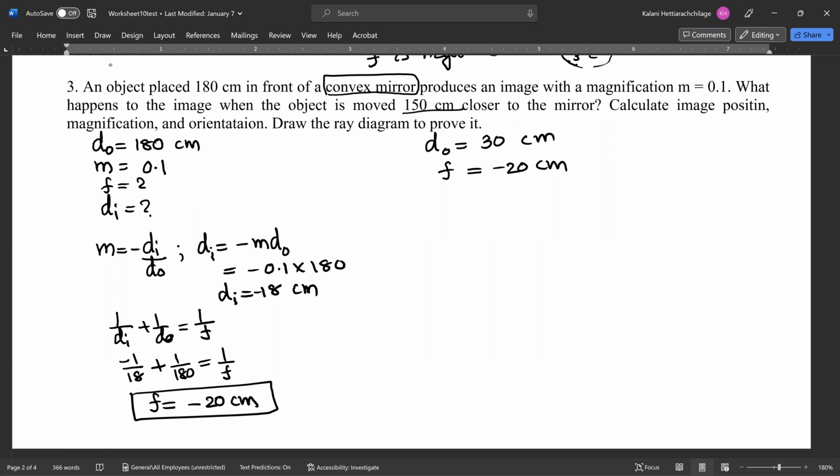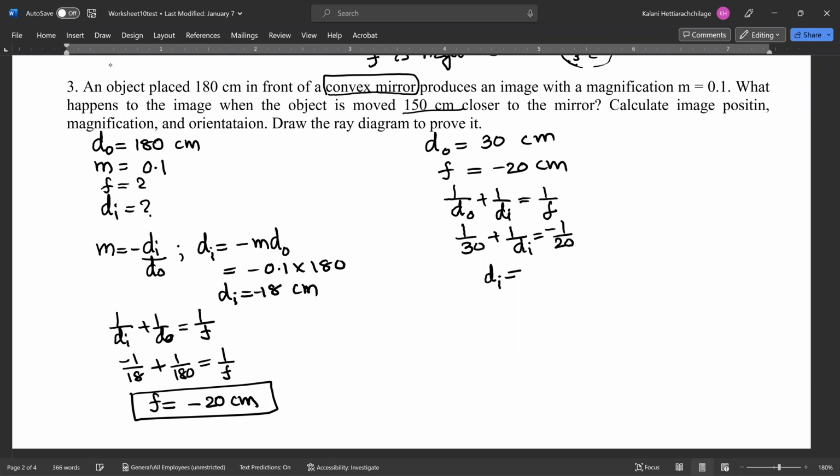So let's calculate DI first for the new case. 1 over D naught plus 1 over DI equals 1 over F, so 1 over 30 plus 1 over DI equals negative 1 over 20. Do the calculation and find DI.